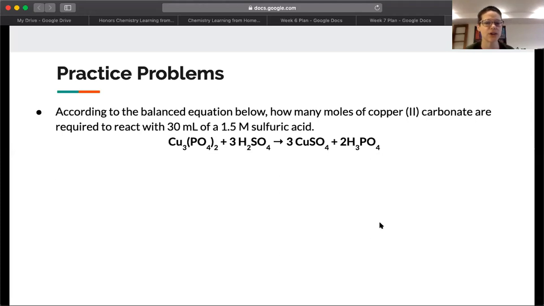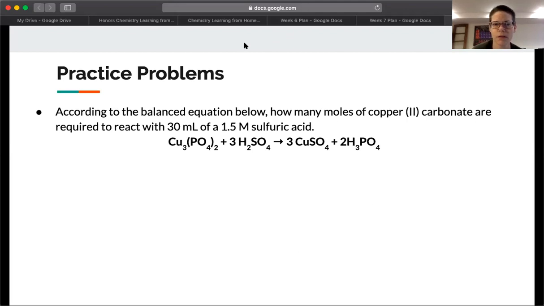If you were looking at your mole map, where are you starting? I'm starting with volume of solution. And then you use the molarity to get to moles of sulfuric acid.